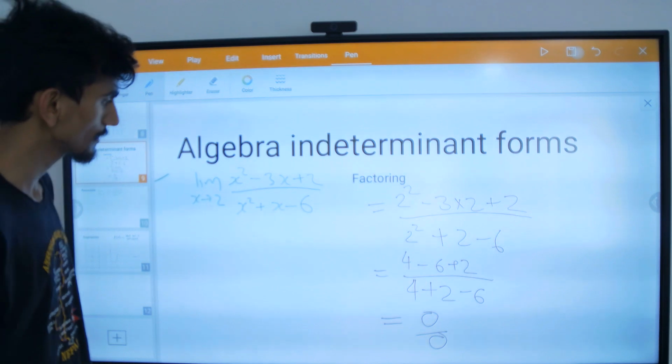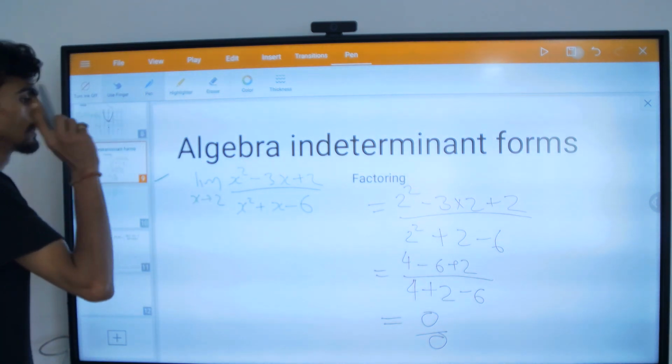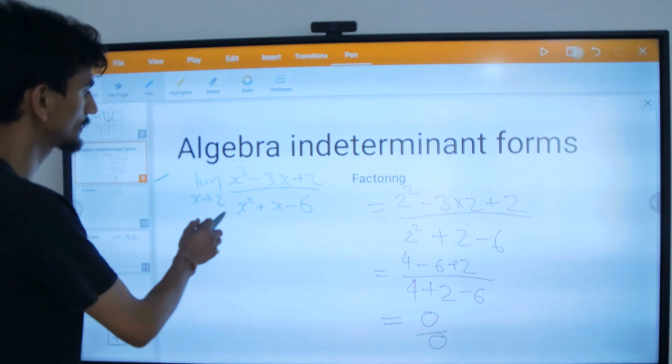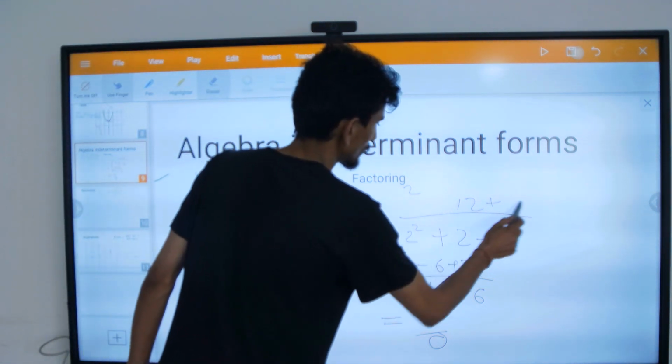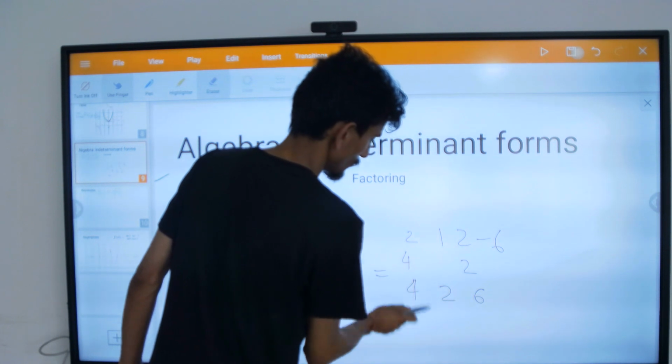So we'll do some algebra and try to remove this 0 form. In this case, we can do factorization.